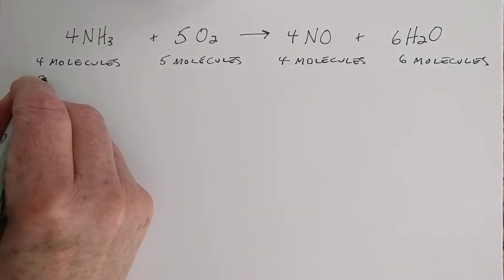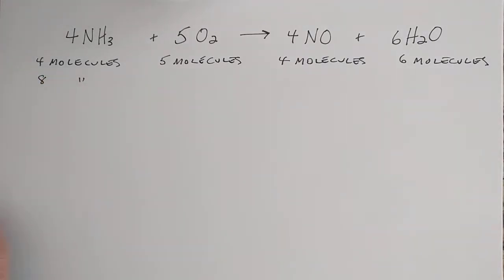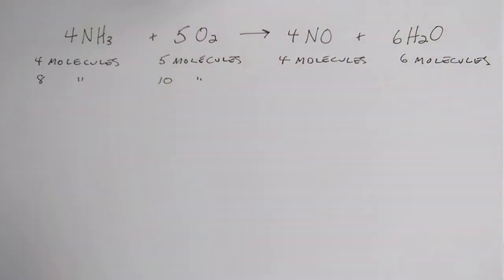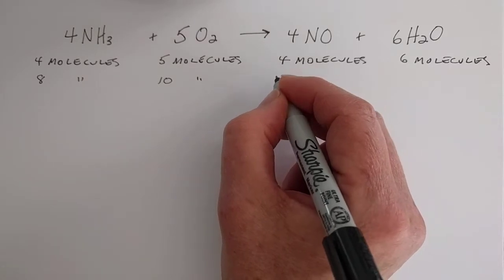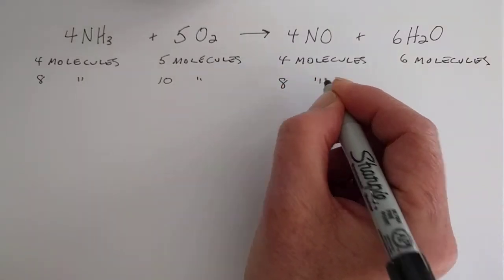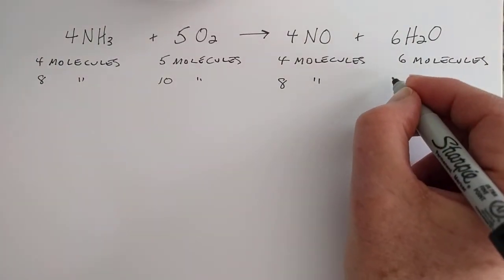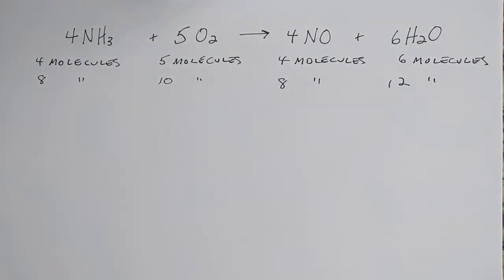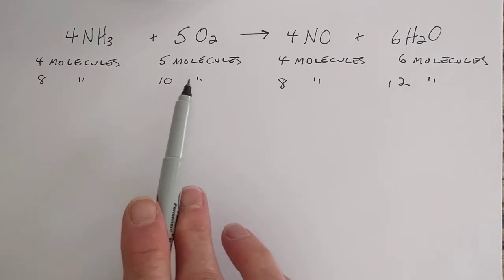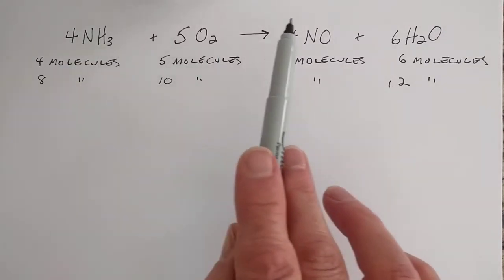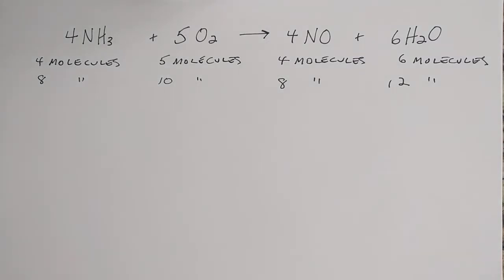So if we had 8 molecules of ammonia, it would react with 10 molecules of oxygen to give us 8 molecules of NO and 12 molecules of H2O. 4 to 10 to 8 to 12 is a 4 to 5 to 4 to 6 ratio.